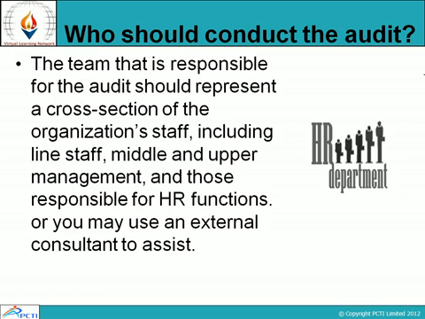You may use an external consultant to assist the team with the responsibilities of the audit. It should represent a cross selection of the organization staff.